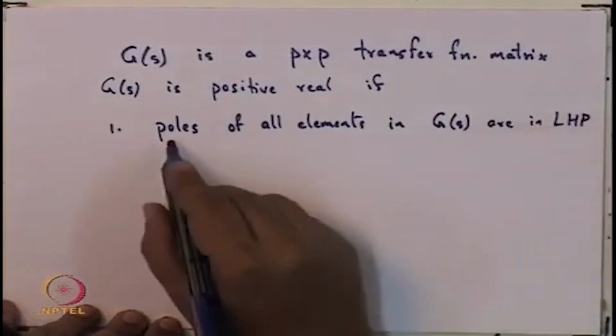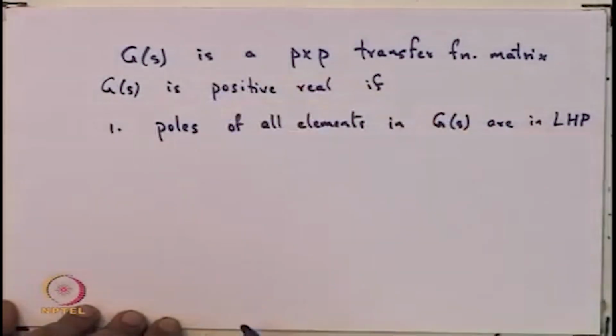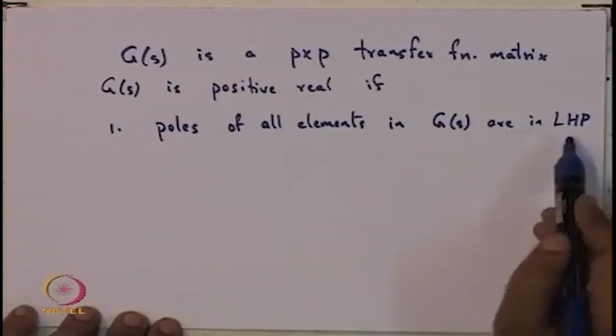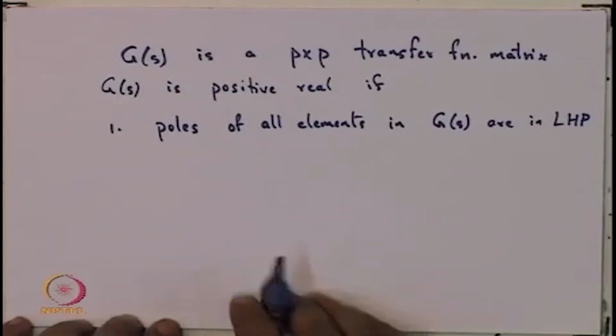That means every entry of G of S is a transfer function, and every one of those transfer functions is Hurwitz, is stable. Okay.